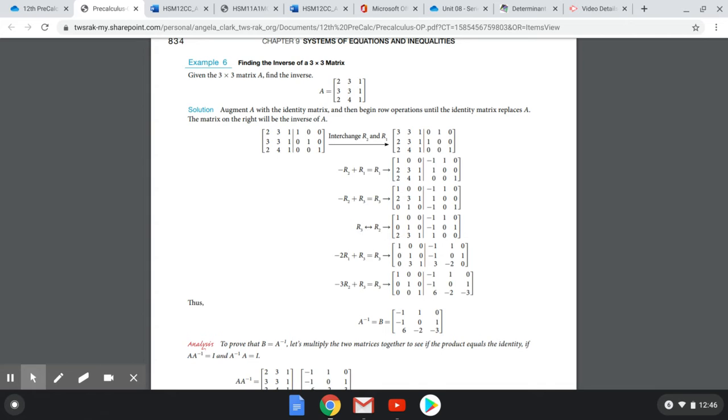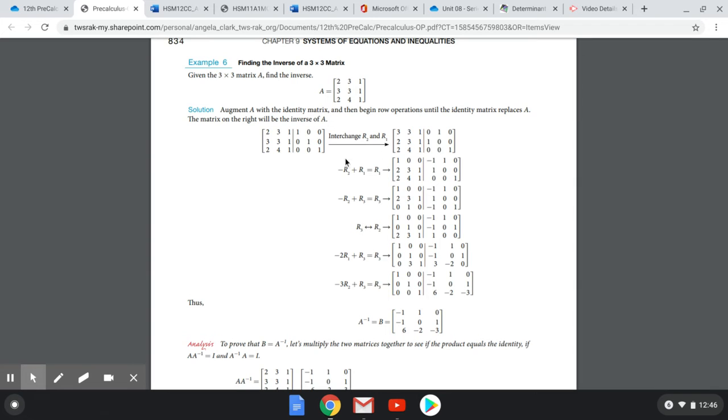So our first goal is going to be to get this to be a 1. And so what the book did is the first thing they did is they switched row 1 and row 2. First I just want to mention that there are many ways to do this.